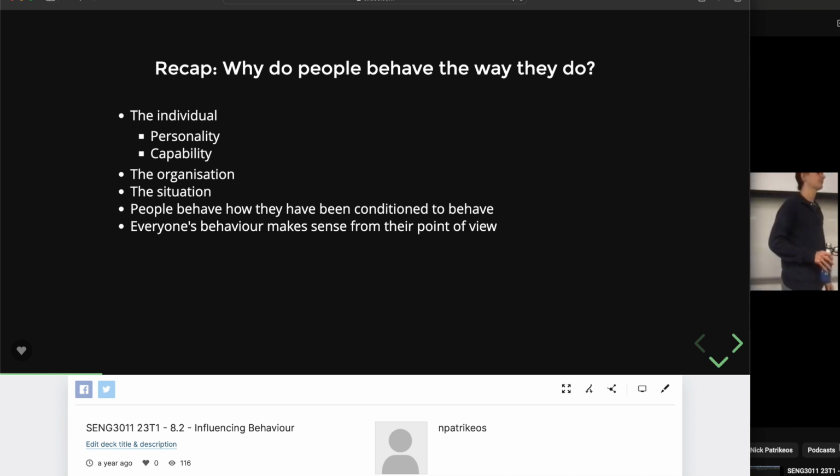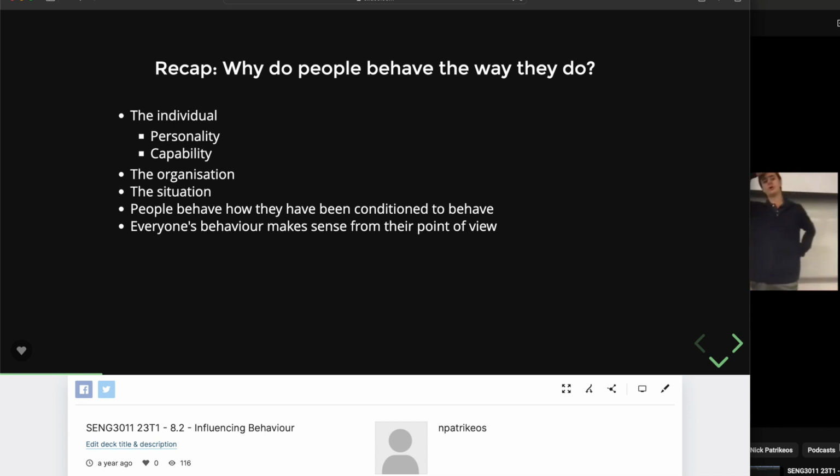I understand why you did that because I understand their perspective. It wasn't necessarily rational to me, but it might have been rational to them. And this is important to understand, because if you want to change people's behavior, the first step is to understand why they're doing it in the first place.